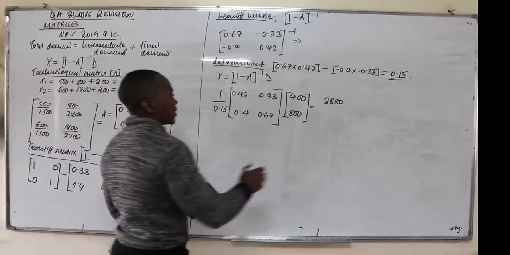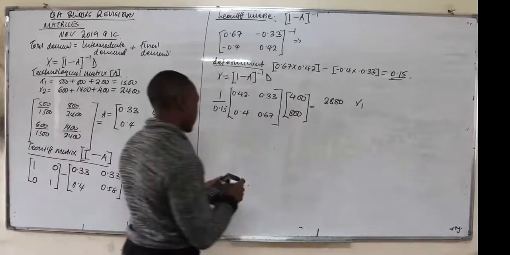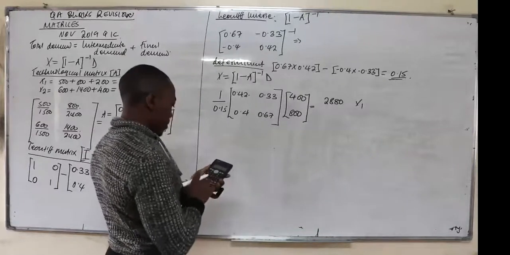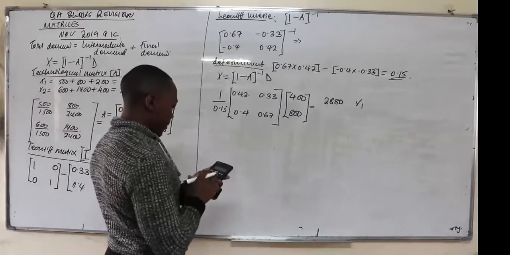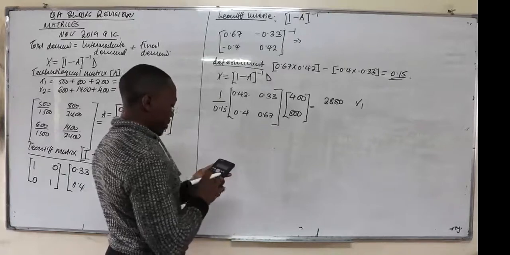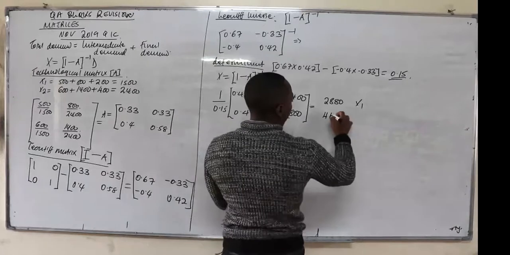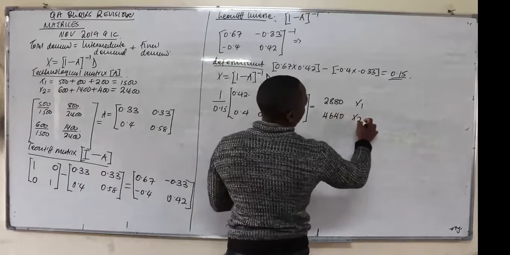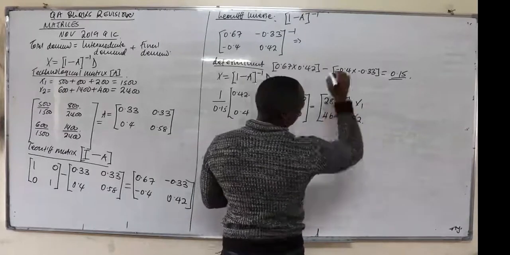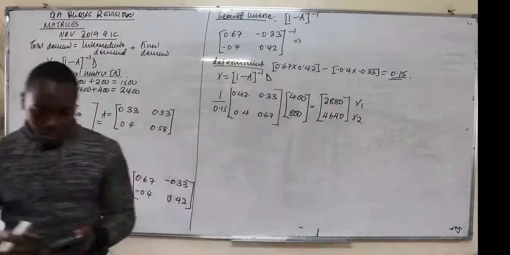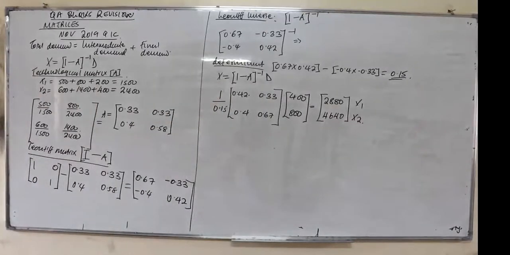What about X2? We get 4640 for X2. So that's how we get the gross output. So you can take a screenshot.